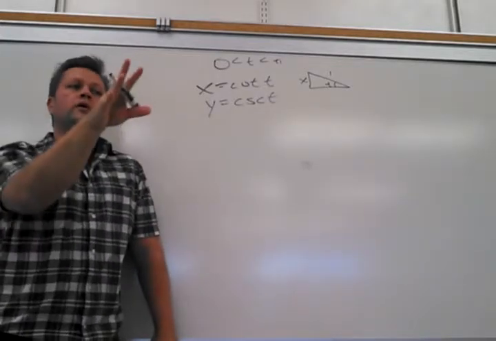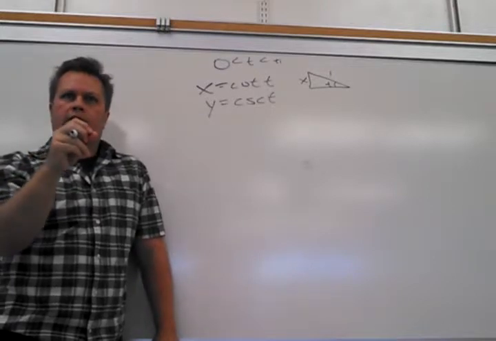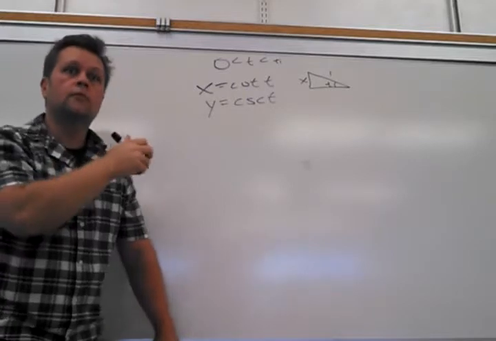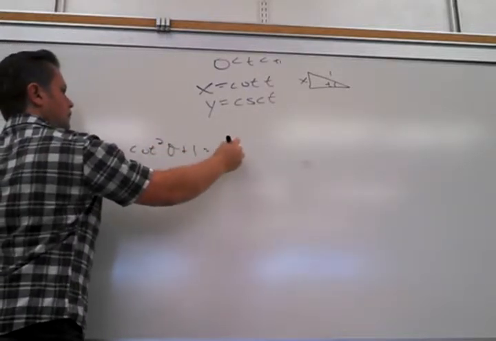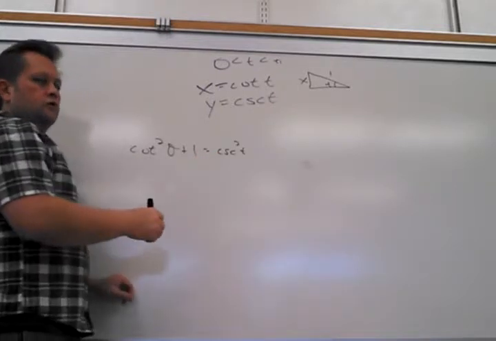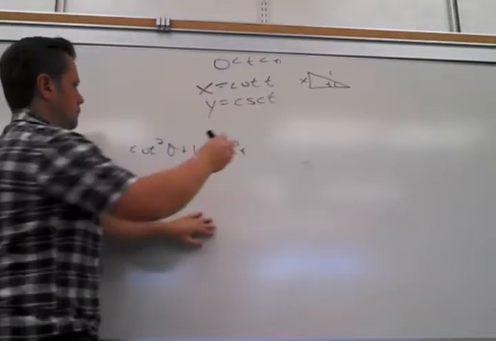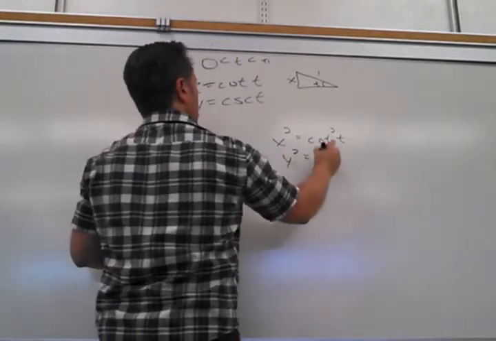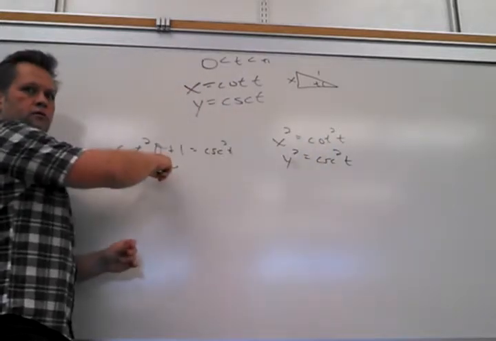Or let's try this. Is there an identity that relates cotangent and cosecant somehow? Yeah, the cotangent squared plus 1 equals cosecant squared. So if I took both of these and squared them, then I could just plug into this equation, right?